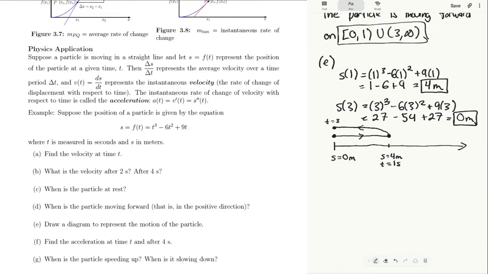And then the particle is moving in the forward direction from 3 seconds to infinity. And so after 3 seconds, the particle will move in the forward direction for all of time. And so this is the motion of the particle. So it moves forward for 1 second, it moves backwards for 2 seconds, and then it moves forward after 3 seconds.